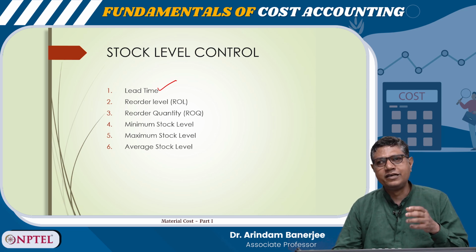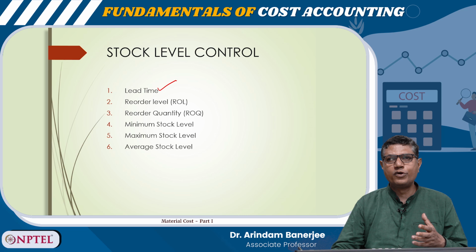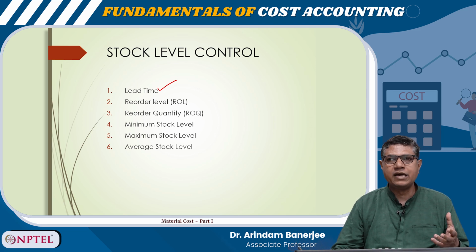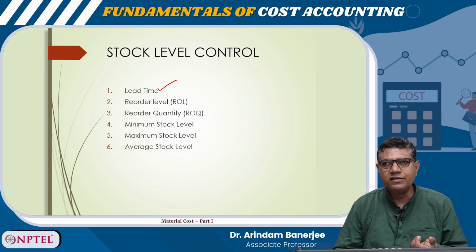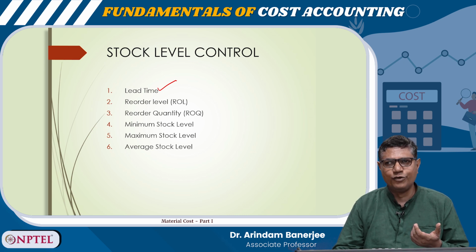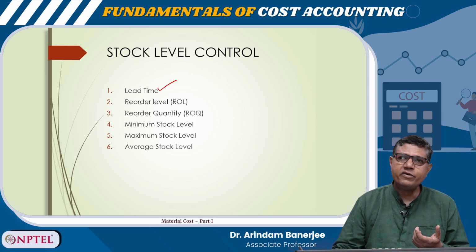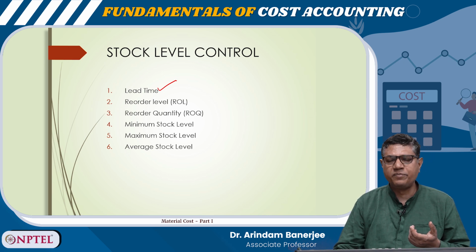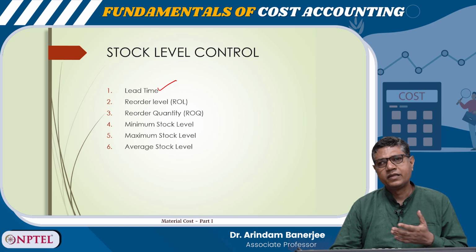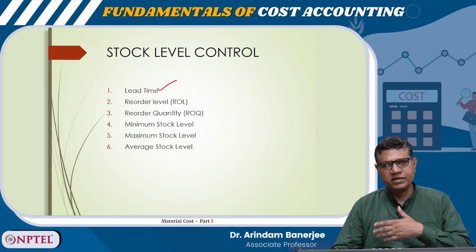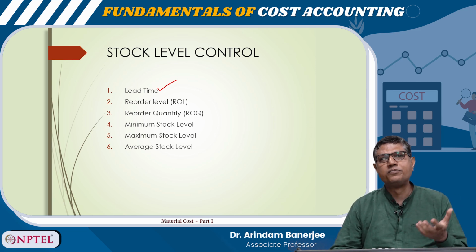So, for some products the lead time may be very less, some products the lead time may be quite high. If the product is imported from abroad, right, then the lead time may be high. If it is a local material, the lead time may be very, very low, right. Nowadays, many of the suppliers' ancillaries are created, situated in the periphery of the mother plant, right.